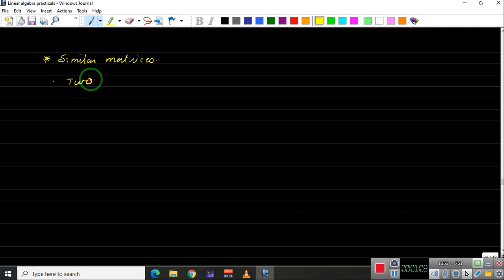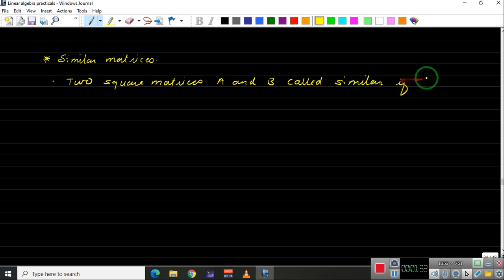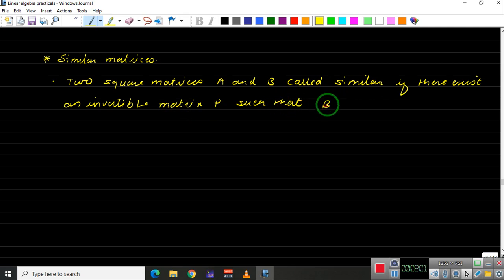So two square matrices A and B are called similar if there exists an invertible matrix, say P, such that we can write B as P inverse AP.